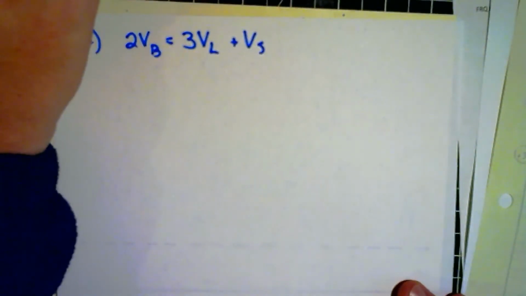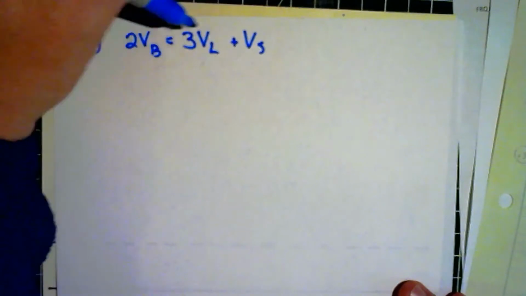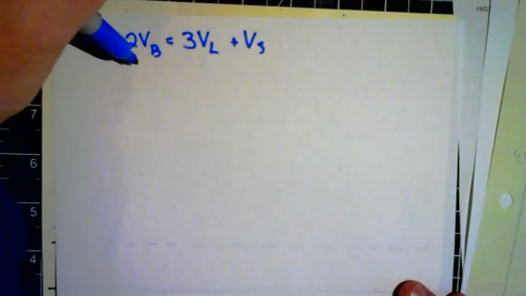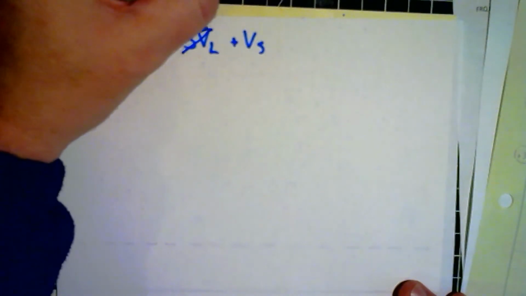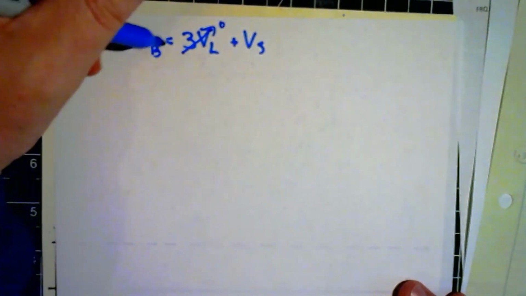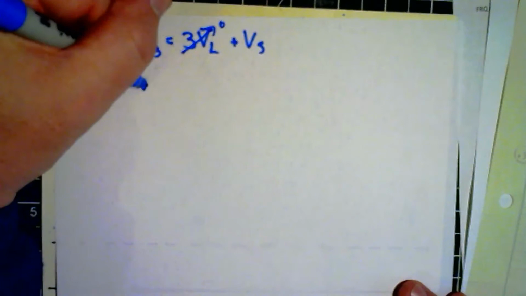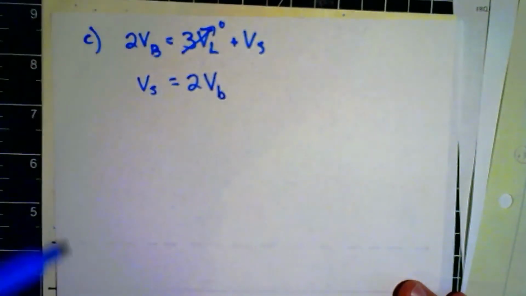On the right-hand side, I had a 3 VL plus VS. And the question says, use your relationship from part B to determine the speed of the small sphere in terms of VB. Well, in other words, plug in VL equals 0 here. And so sure enough, VS is twice the speed of VB.